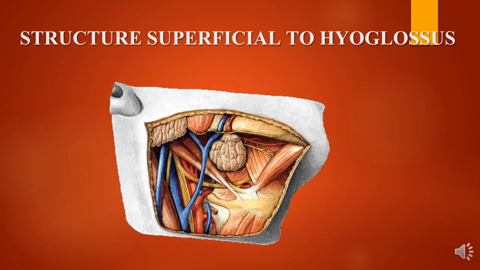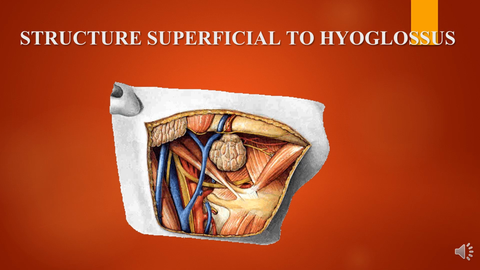Here, this diagram shows the structures which are superficial to the hyoglossus muscle. If the question is asked whether structures lying deep to the mylohyoid muscle or structures superficial to the hyoglossus muscle, both are the same. Structures which are superficial to hyoglossus are styloglossus, hypoglossal nerve, vein accompanying the hypoglossal nerve, submandibular ganglion, lingual nerve, deep part of the submandibular salivary gland and the submandibular duct.